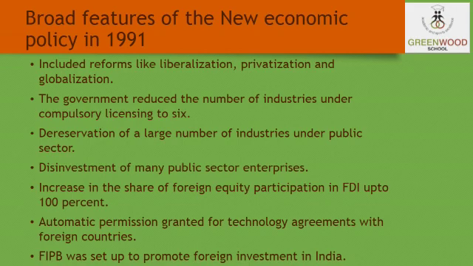Increase in the share of foreign equity participation in FDI up to 100%. Automatic permission was granted for technology agreements with foreign countries. Also, FIPB, that is Foreign Investment Promotion Board, was set up to promote foreign investment in India.